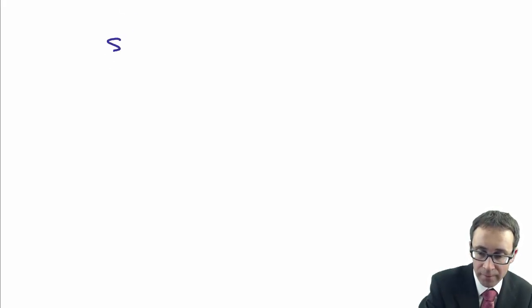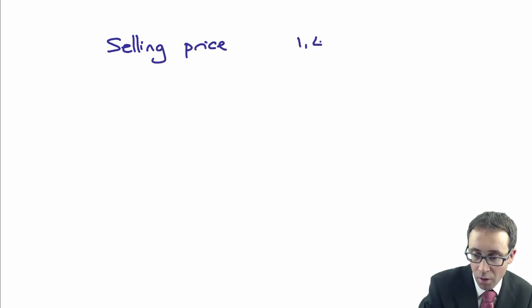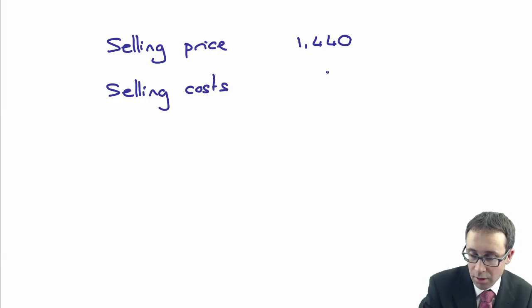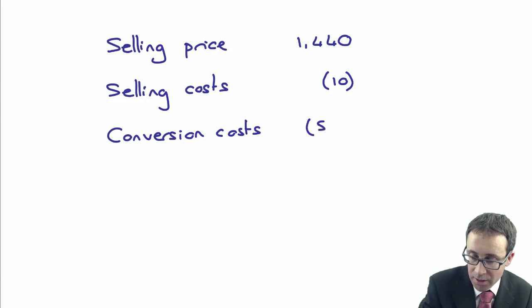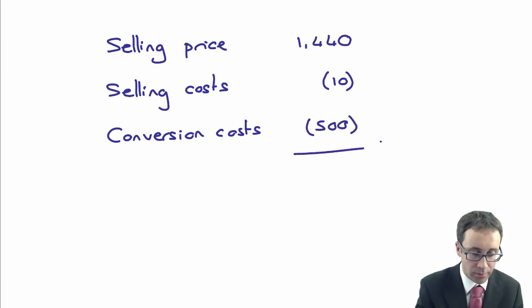So just be careful there. We've got the same calculations. We've got the selling price, is it at 1,440? We have the selling costs of 10. We have the conversion costs, so the costs to complete, which I think were there as 500.